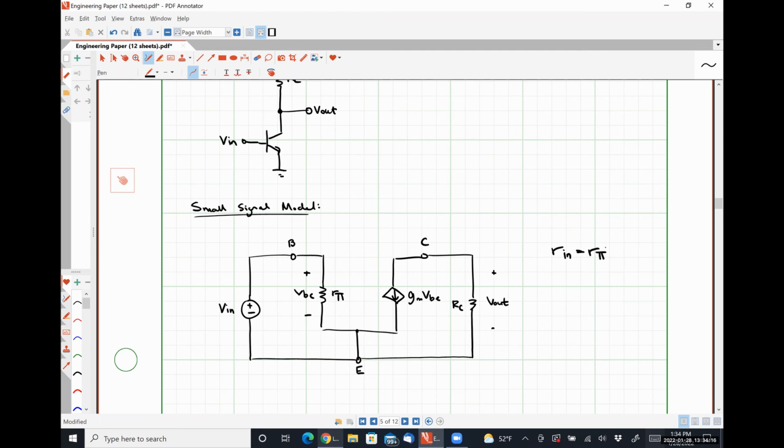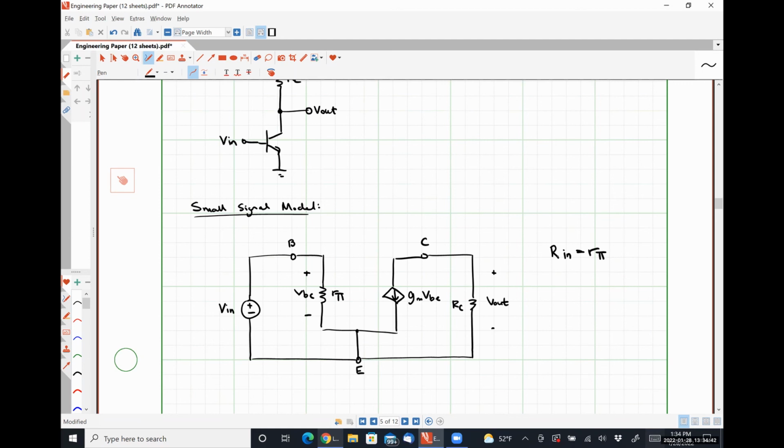All right. Capital R. I'm going to get myself mixed up. Okay. We want to find the output resistance. What do we need to do? So Vin is a short circuit.